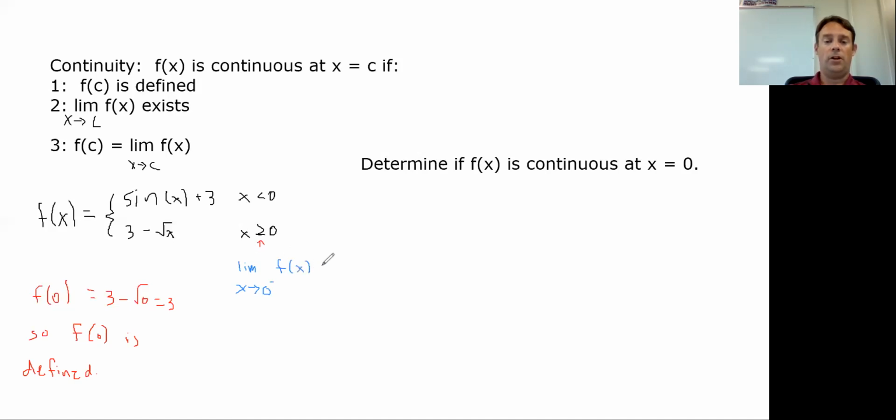And I don't actually have to write the sine x plus 3. I can go ahead and just plug it in there. So sine of 0 plus 3, that equals 3. And even though I've already done this one when I was doing the function value, I still have to write the notation for it.